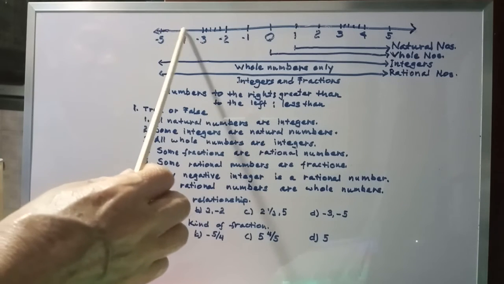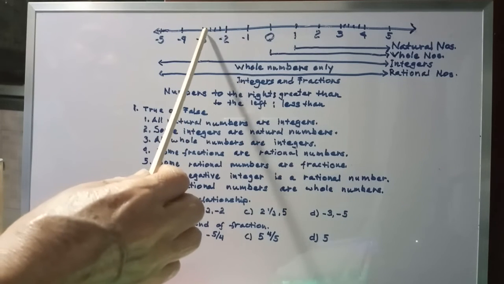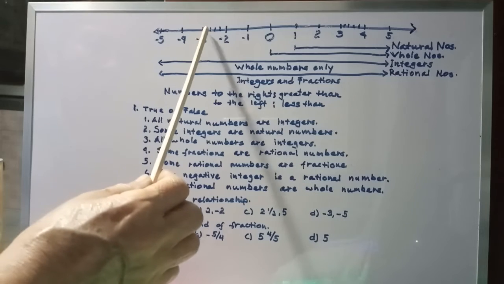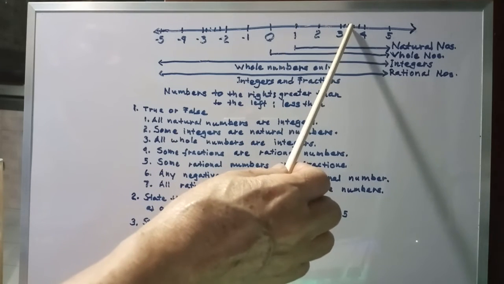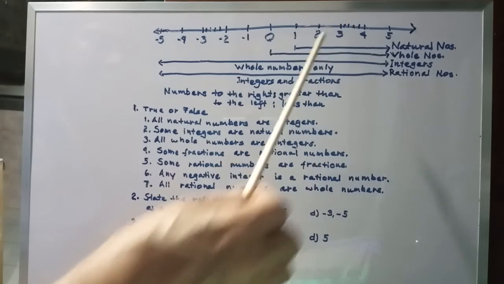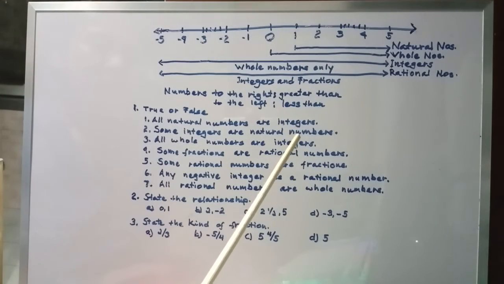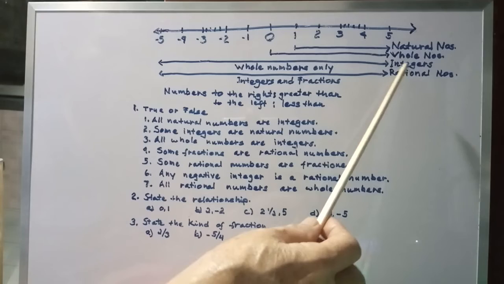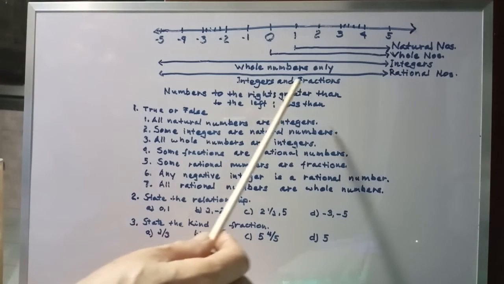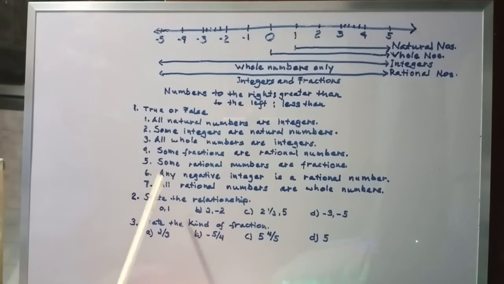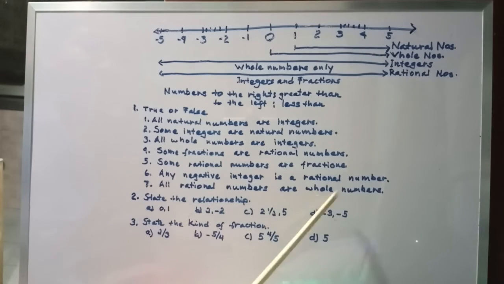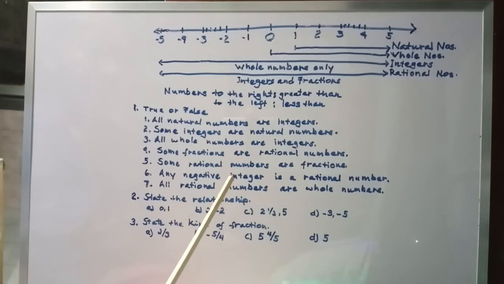But this point here also includes fractions. Any point here also includes fractions, not just whole numbers. By definition, it includes fractions, not only whole numbers. Therefore, the seventh question, all rational numbers are whole numbers, is false.